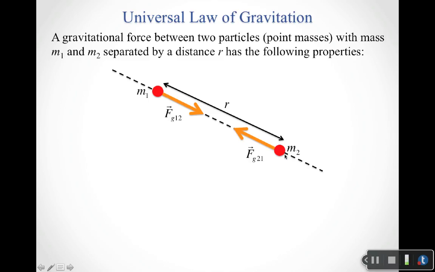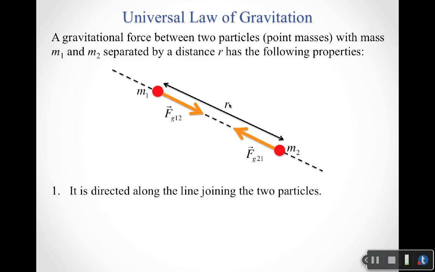If you take two particles, here's mass 1, here's mass 2, and you separate them by a distance r, then that force has the following properties. One, it's directed along the line joining the two particles. Here we're drawing two free body diagrams.